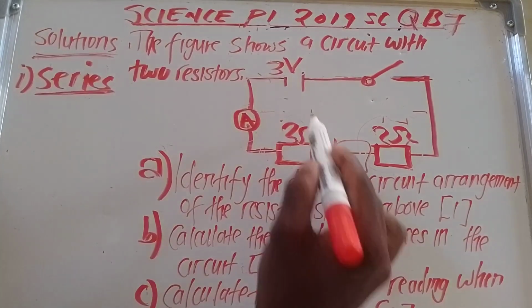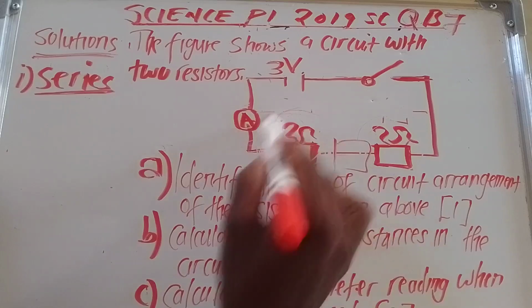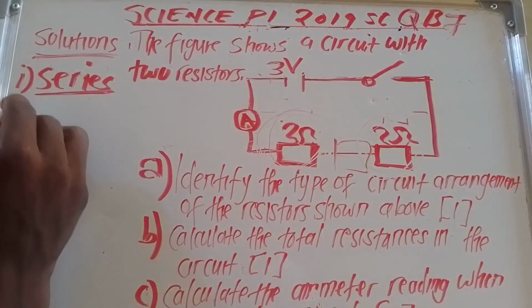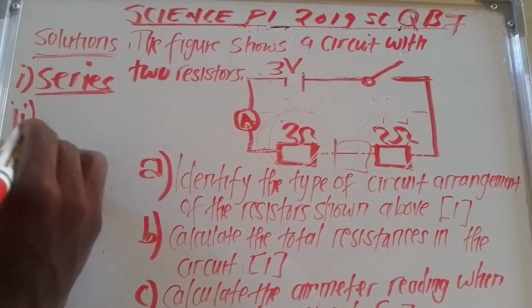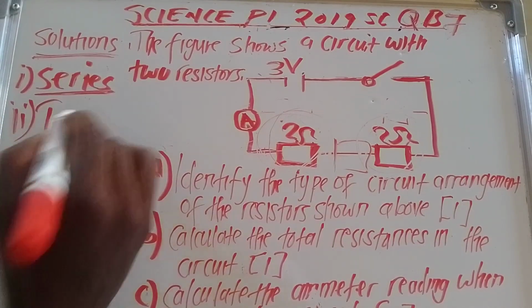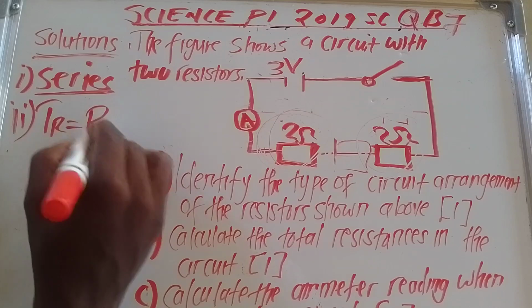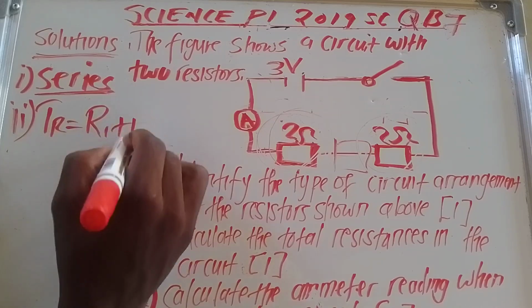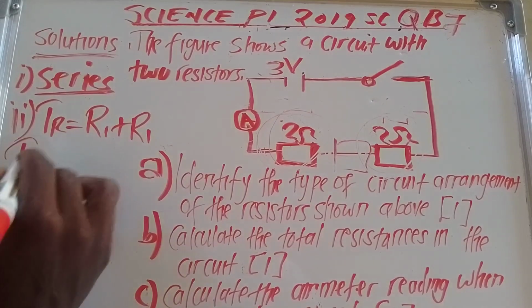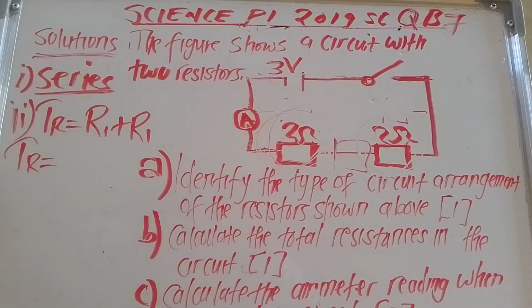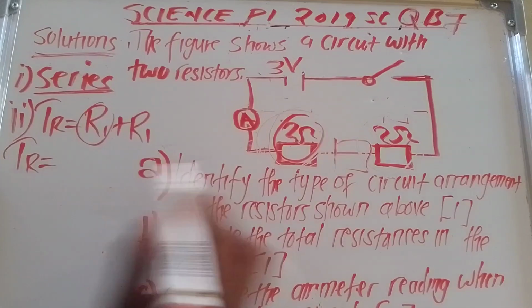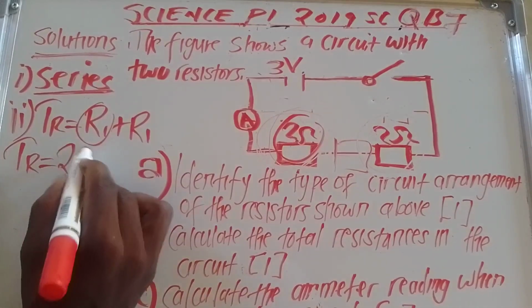So in this case, we have only two resistors. For us to calculate the total resistance, we are going to say our total resistance is resistance 1 plus resistance 2. What is our resistance 1? Our resistance 1 is right over here, which is 2 ohms.